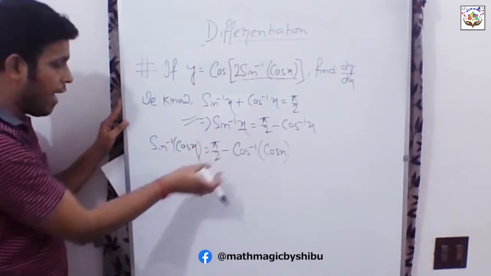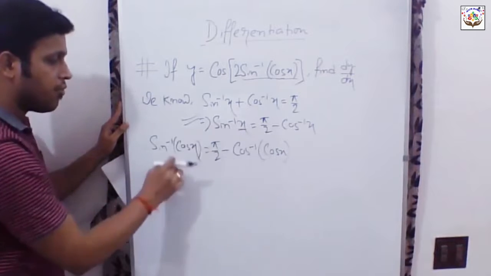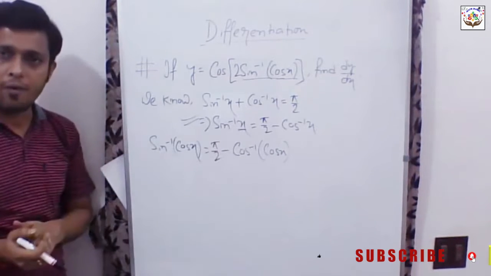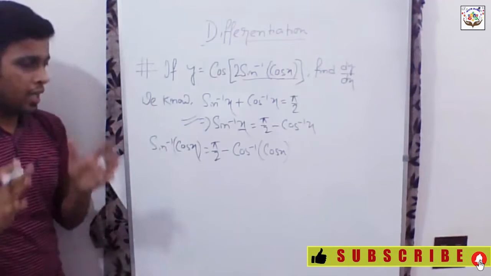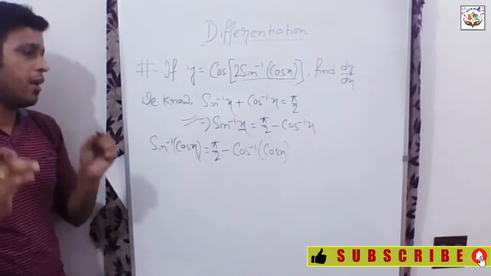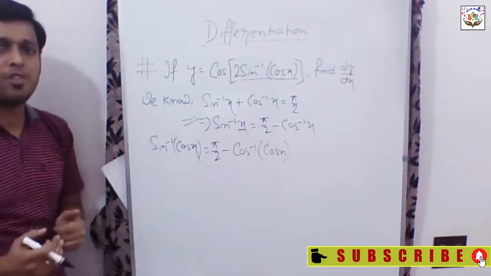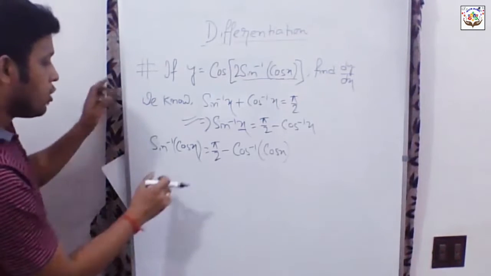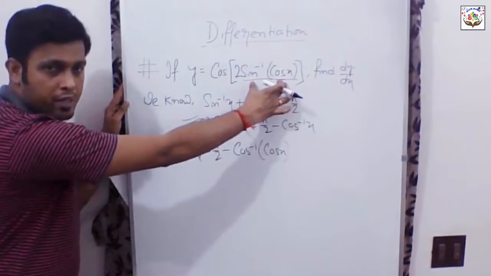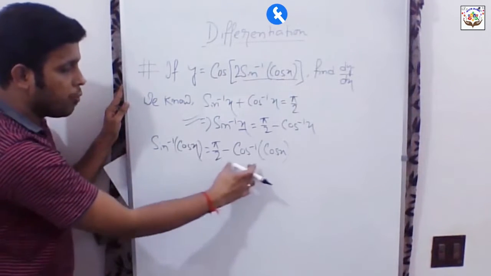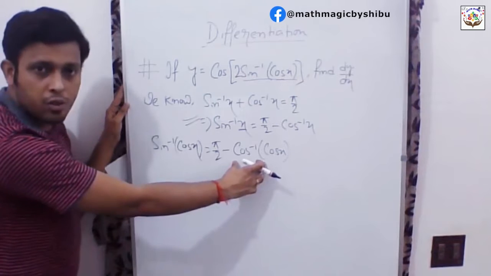Instead of x, we have cos x only, and the formula is the same. You can pause the video and try to understand, then proceed. Okay, so we will replace sine inverse cos x with pi by 2 minus cos inverse cos x.